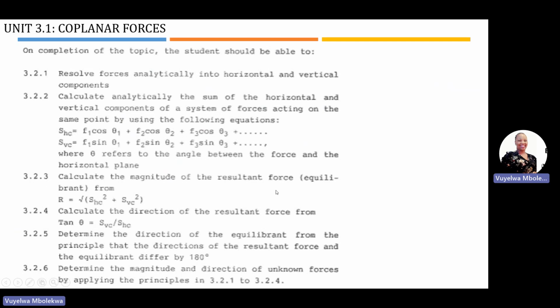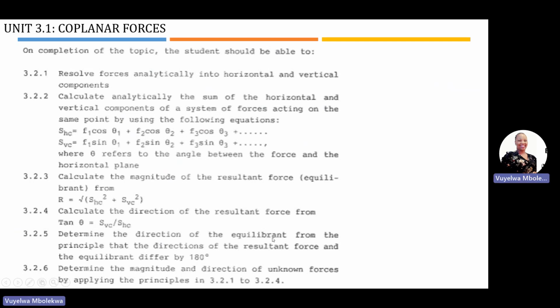Then 3.2.3, calculate the magnitude of the resultant force as well as calculate the direction of the resultant force. Then determine the direction of the equilibrant. If you've got the resultant force, then it's the same magnitude with the equilibrant, but it's the opposite direction.